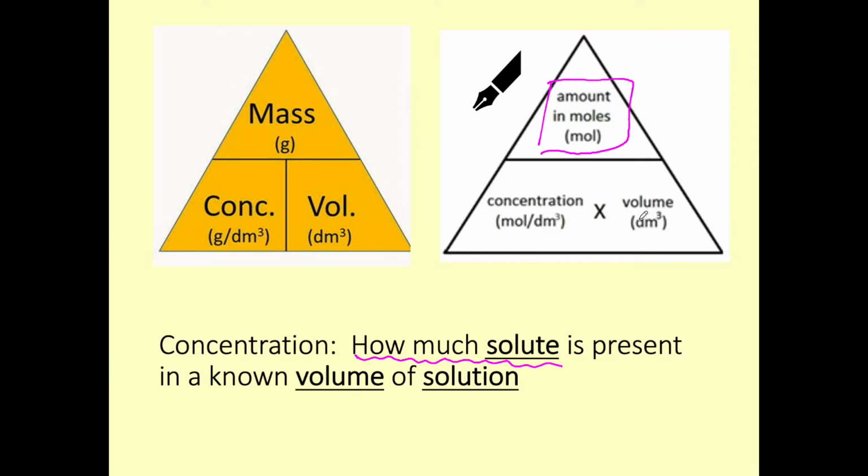So I'd just like you to pause the video whilst you turn this formula triangle into an ordinary equation, concentration equals, but this time in terms of moles instead of mass. So pause the video whilst you have a go at this.